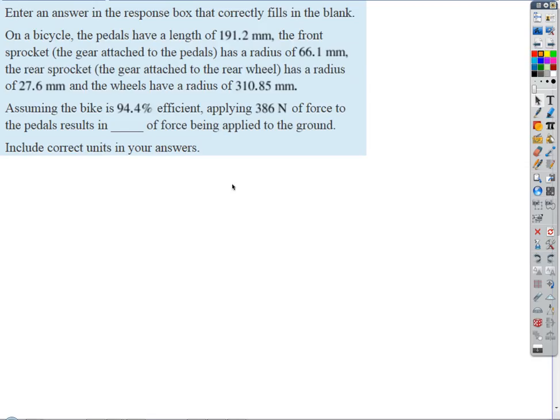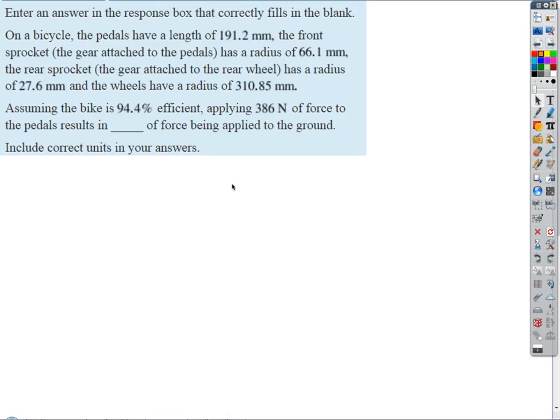So for the first simple machine, we want the input distance, in this case the input radius, divided by the output radius. Wasn't the input radius going to be the radius of the pedals, because that's what we're pushing on? Yeah. Okay, output radius is going to be the radius of the gear attached to the pedal.